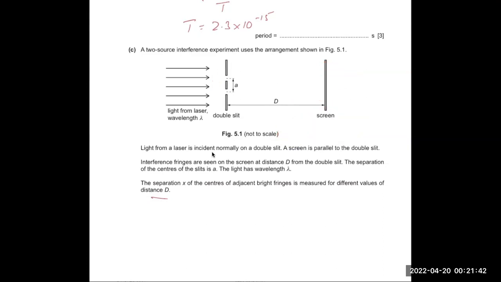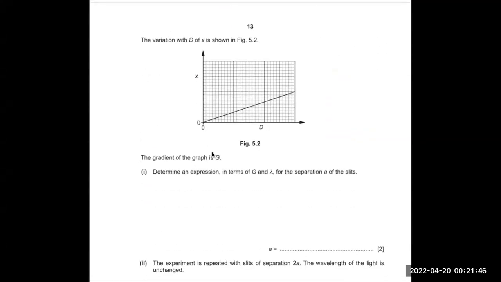And we know as d increases, x increases. So this is the graph. As d increases, obviously x increases. The gradient of the graph is g. Determine an expression in terms of g and lambda for the separation a of the slits.